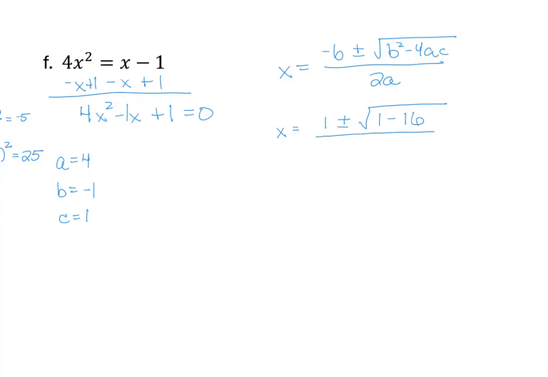We divide by 2a, and so we get 2 times 4 is 8. All right, if we go ahead and simplify this now, we get 1 plus or minus the square root of negative 15 over 8.